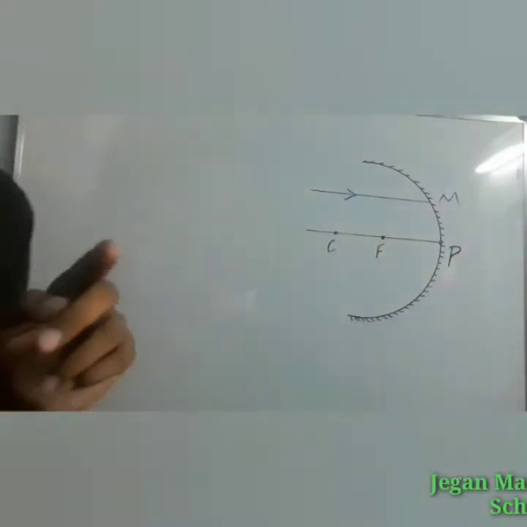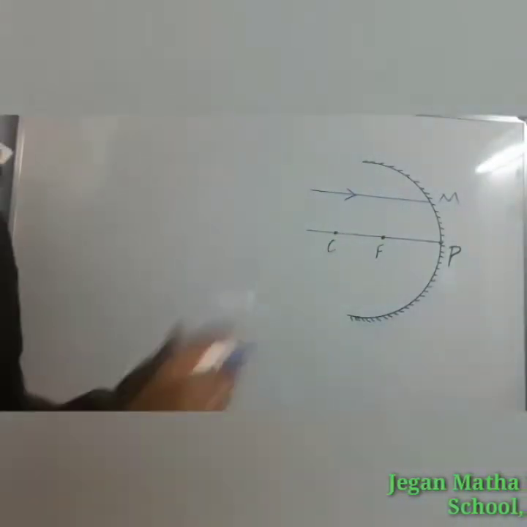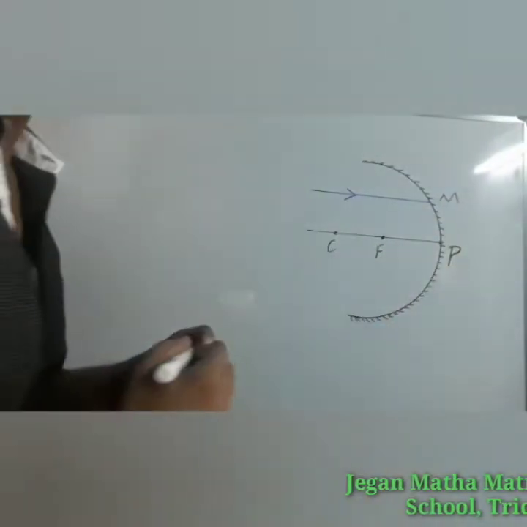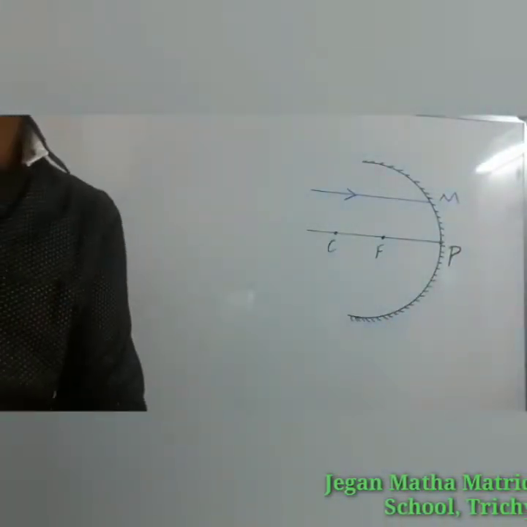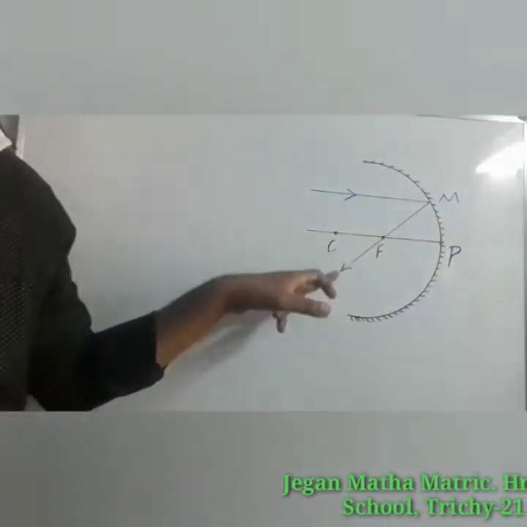Since this light ray is parallel to the principal axis, after the reflection it passes through the principal focal point F like this.